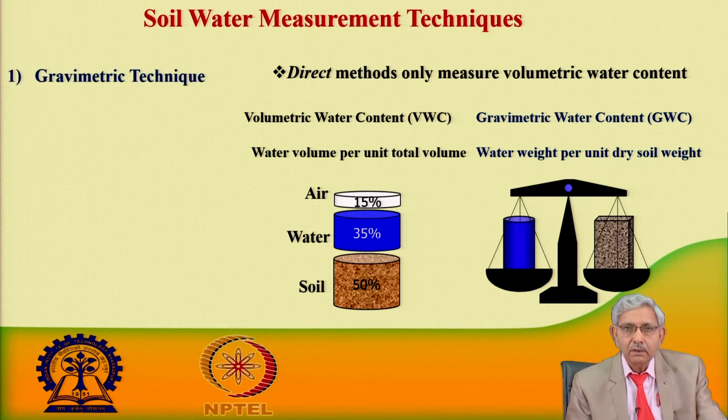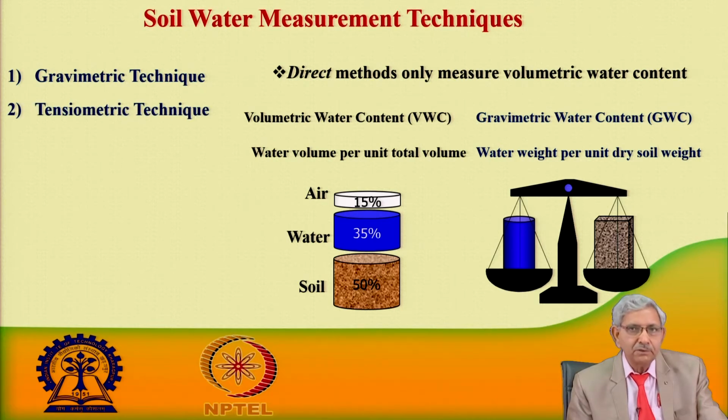So the gravimetric technique is a direct measurement method which can be used to determine water content on a volumetric or gravimetric basis.